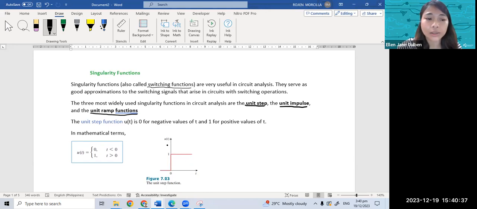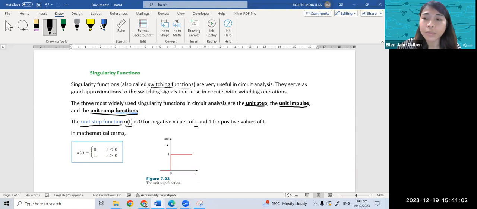Okay. The unit step function has this symbol u of t, u for unit function. Take note, these functions are functions of time. u of t is 0 for negative values of t and 1 for positive values of t.